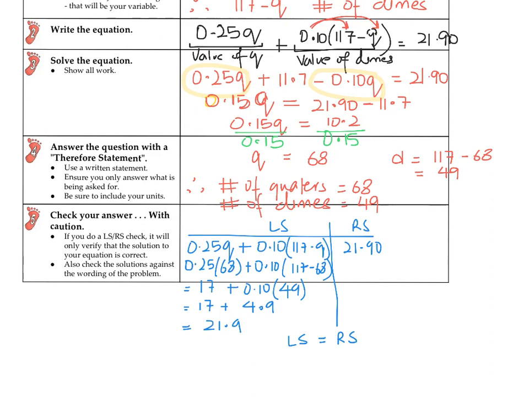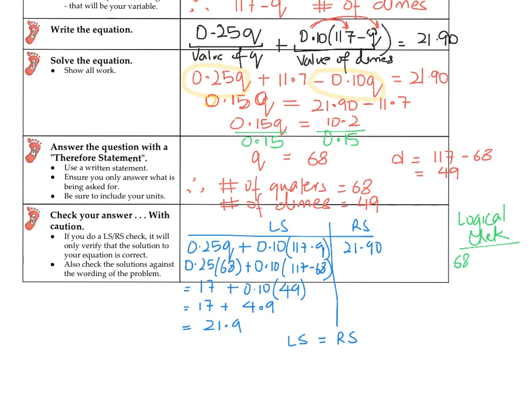Now, a good idea in this case would also be to do a logical check, because we are dealing with money. Dimes were 49 and quarters were 68.